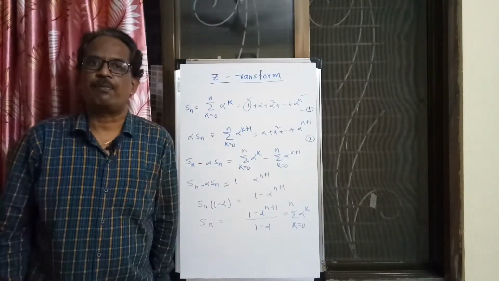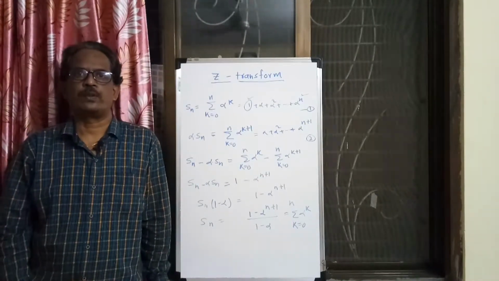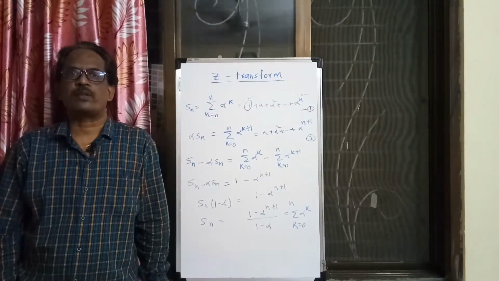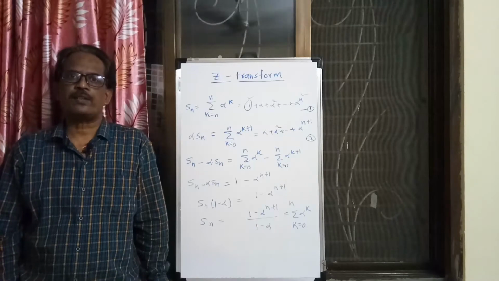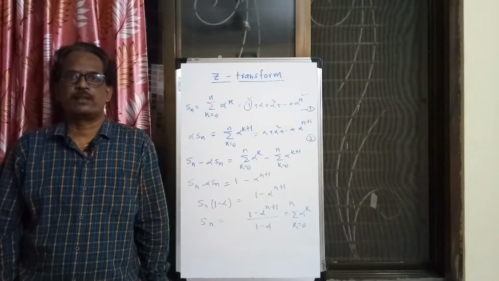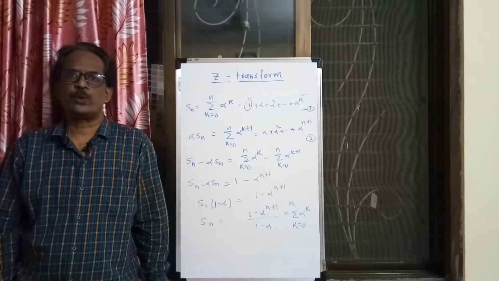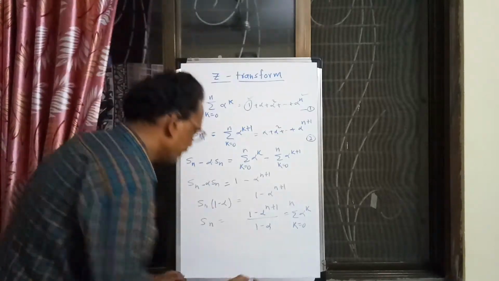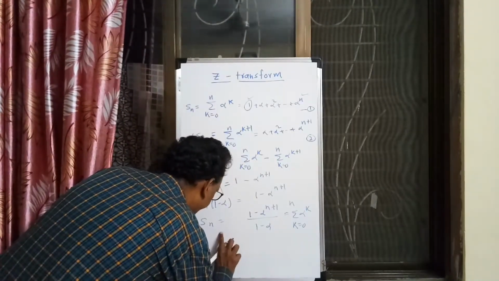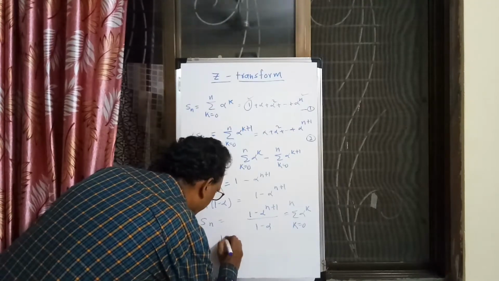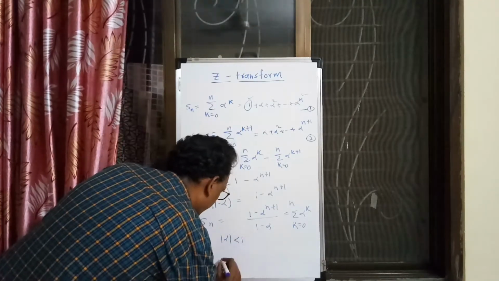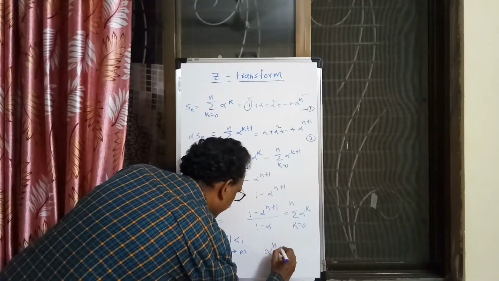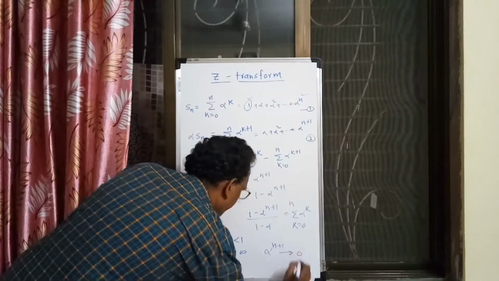If we assume alpha is less than 1, let us say alpha is 1 by 2, and I take 1 by 2 raised to infinity, what is it? It is 0. So as long as alpha is less than 1 and n tends to infinity, or if alpha is complex, as long as mod alpha is less than 1 and n tends to infinity, alpha raised to n plus 1 tends to 0.